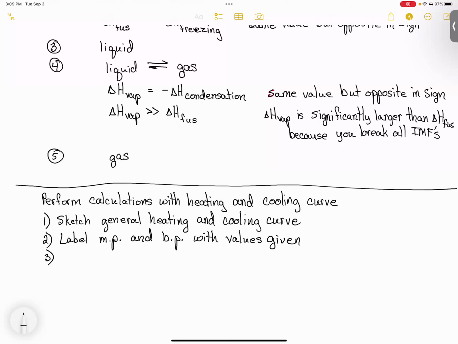The third thing I do is then I evaluate the problem to determine the temperatures or the temperature differences, the temperature of the transition.